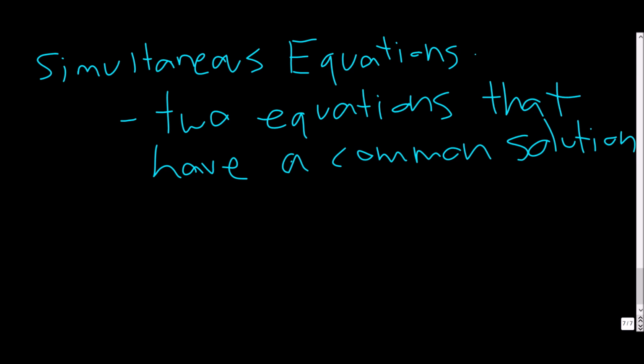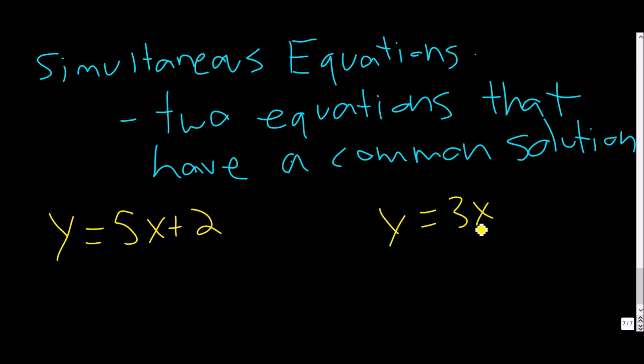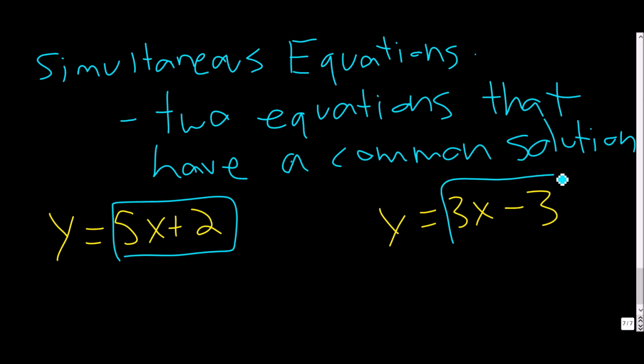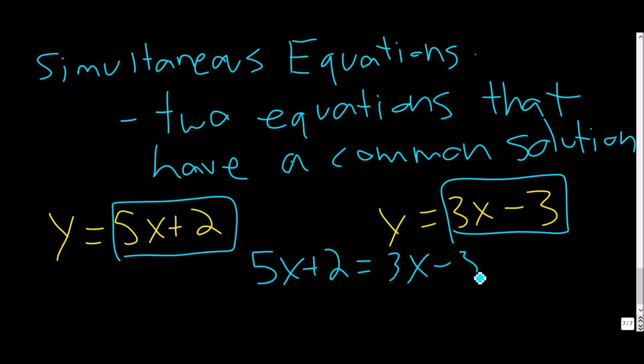So for instance, if we had like y equals 5x plus 2 and y equals 3x minus 3, these can exist simultaneously, and so we could then say, well, 5x plus 2 equals 3x minus 3, and we can get 2x to equal negative 5, x to equal negative 5 halves. And then we can go back and plug that in to figure out what y is. So we're trying to basically find the intersecting points of 2 lines.